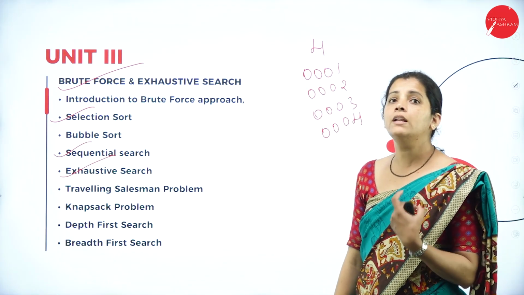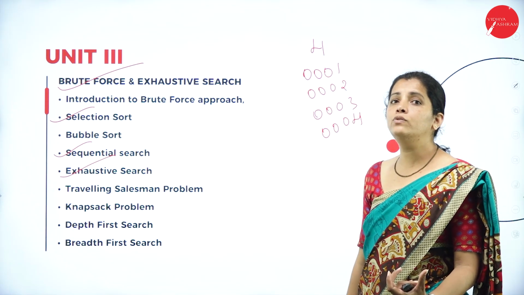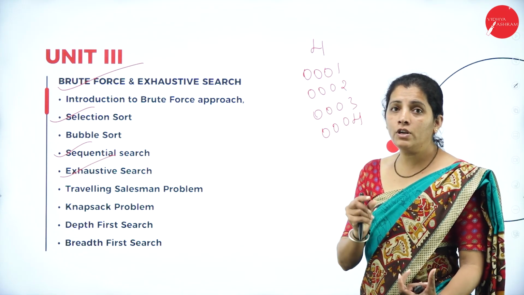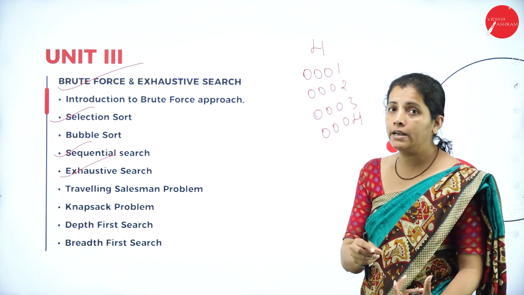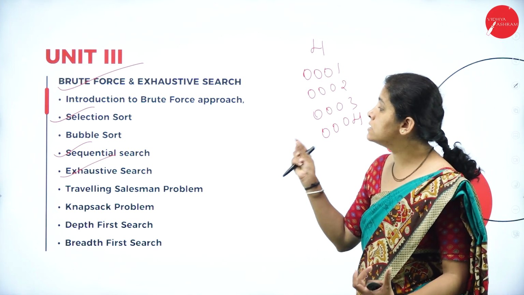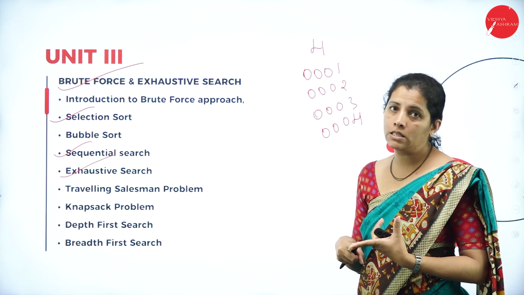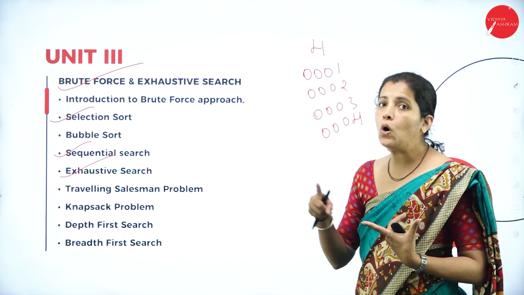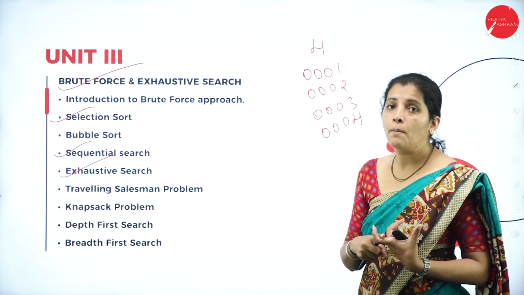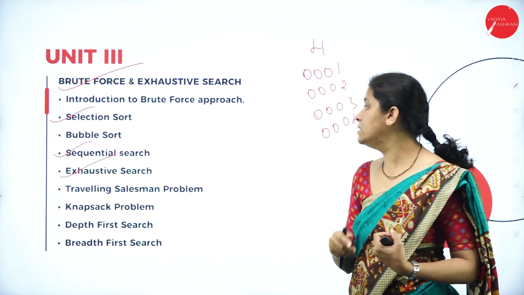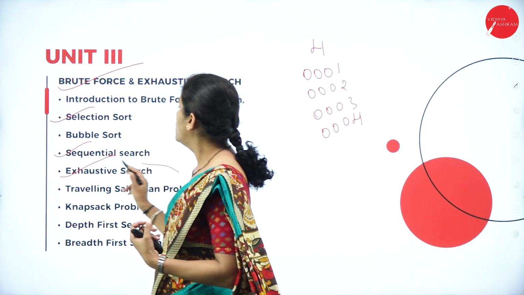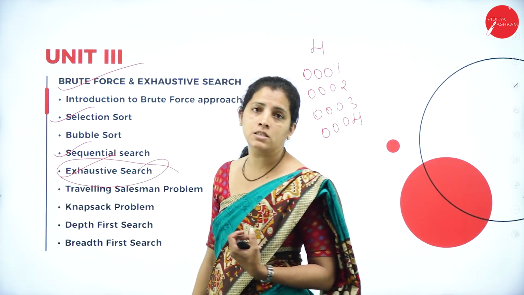In a given collection, finding a particular value or item is known as searching. We know what sequential or linear searching is, and we already learned binary search. But here we are going to learn what exhaustive search is.